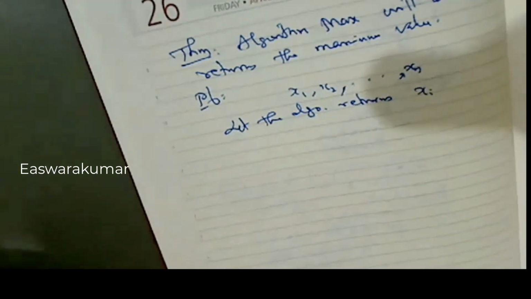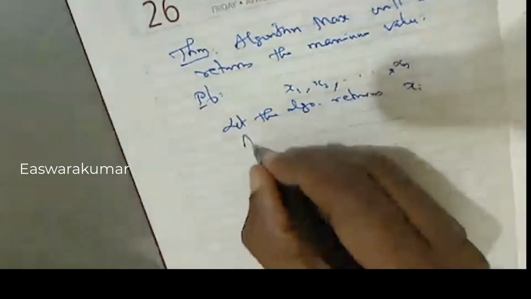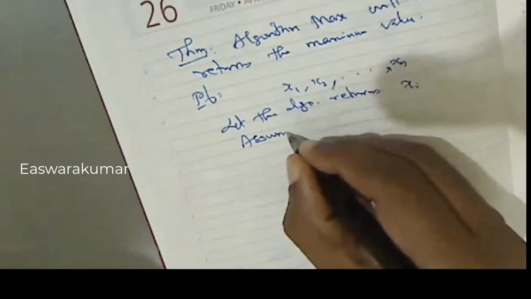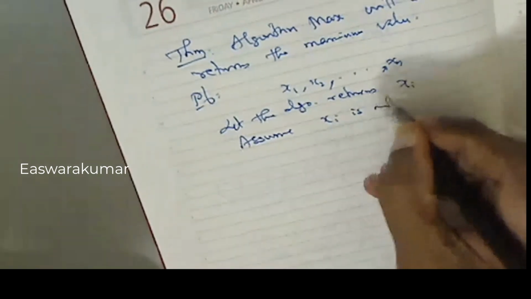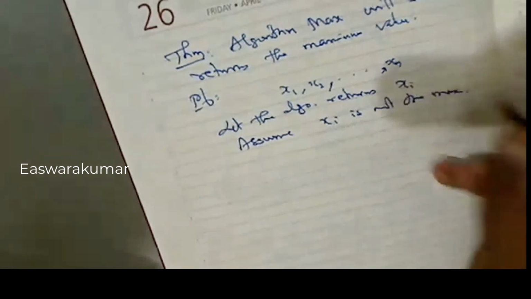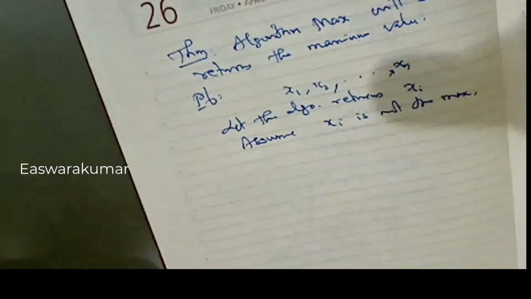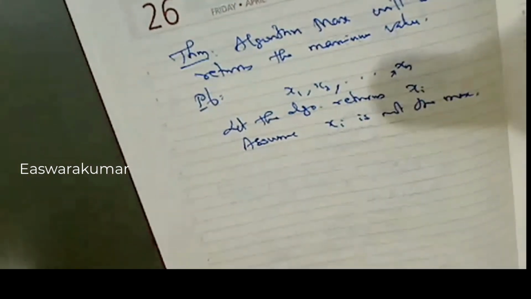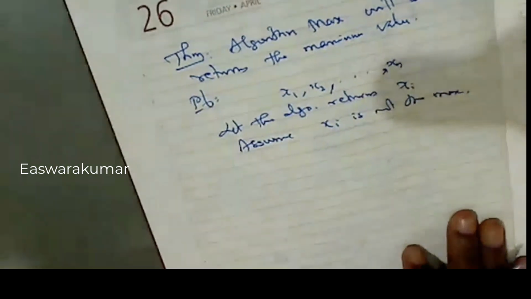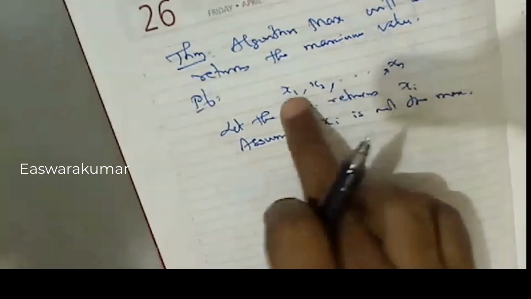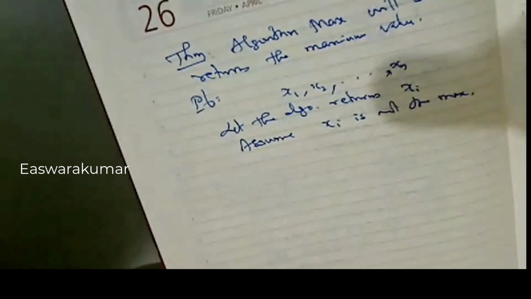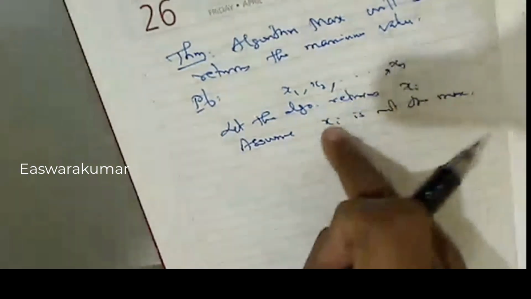So in the proof by contradiction, we assume xi is not the maximum. As a contradiction, whatever the algorithm returned is not the correct one. It's not a maximum. If this is not the maximum, some other element will be larger than that, no? There exists at least one element which is larger than this.